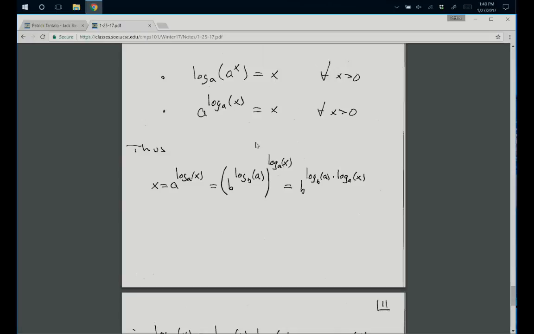Therefore, when I write things in some kind of asymptotic formula involving logs, I almost always will leave off the base and just write theta log n, because the base doesn't matter. One more thing that's nice about this formula is I can write it like this.